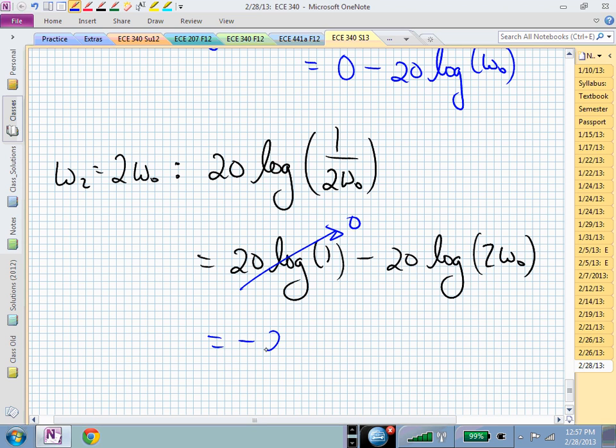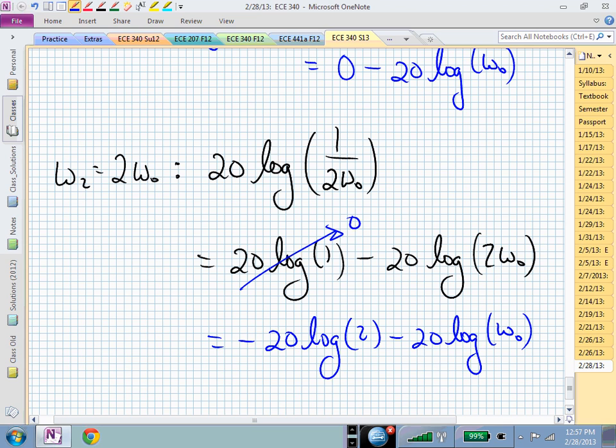But now we can take that last term and break it into two parts, because it's the product, and the product is just the sum of those two parts. And now what have we done? Well, this is where we began with omega naught's magnitude. That was the original magnitude that we started with. And how has that been changed? It's been changed by a value of minus 20 log of 2.